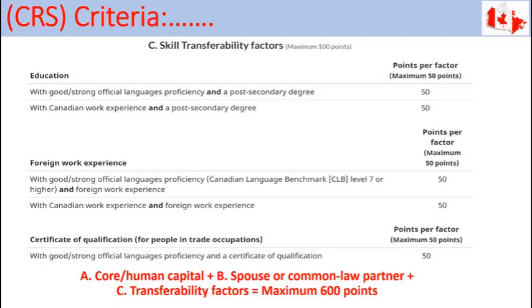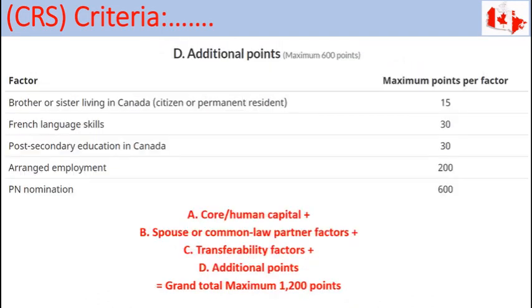Now if I add A, that's core capital, plus B, that's spouse, plus C, these skill transferability factors, the maximum you can get is 600 points. The remaining 600 points we'll discuss in the future, how you can get that extra 600 points. That comes from additional points.